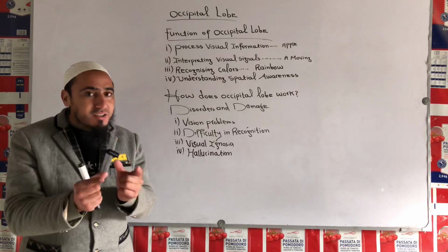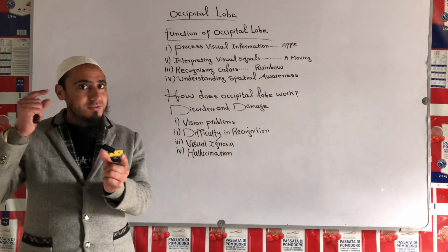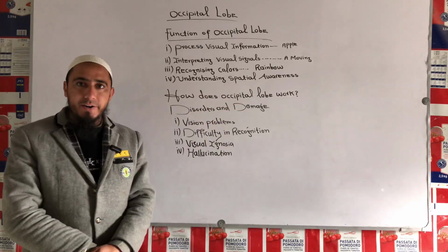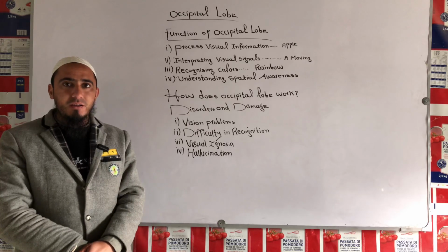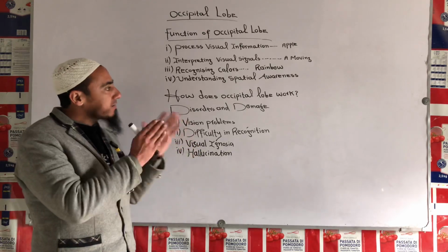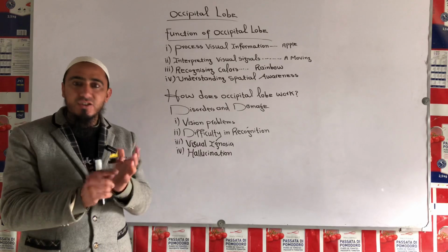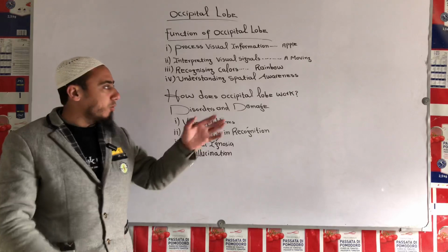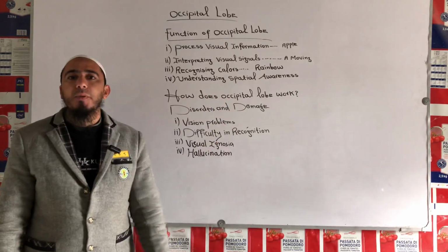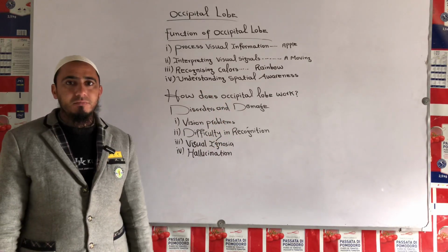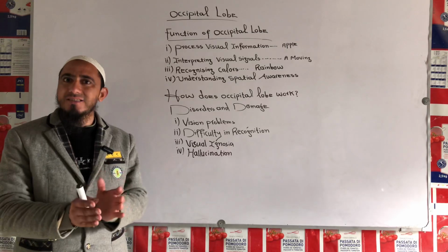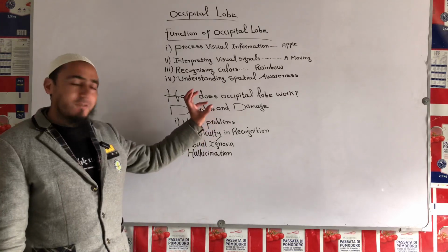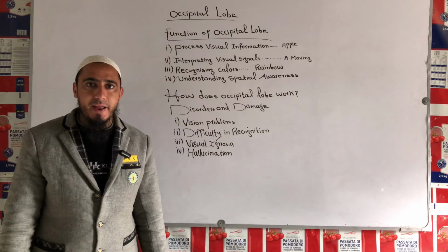When we look at a thing, through the optic nerves the messages go to our occipital lobe, and the occipital lobe also has connections with the frontal lobe, and particularly with the parietal lobe. So the process occurs, and differentiation of different colors occurs because of its connection with various parts of the brain.